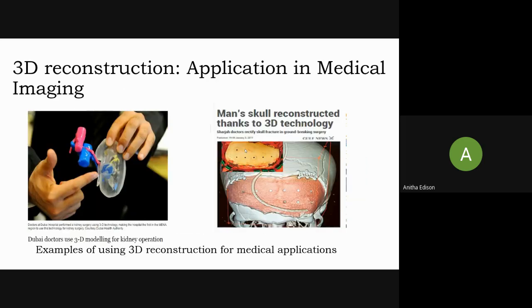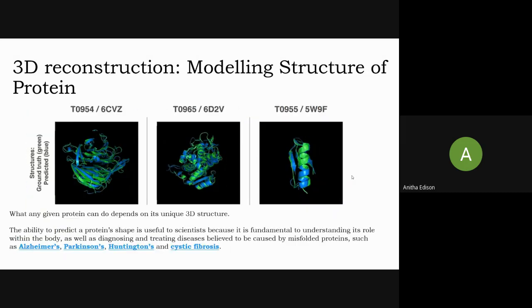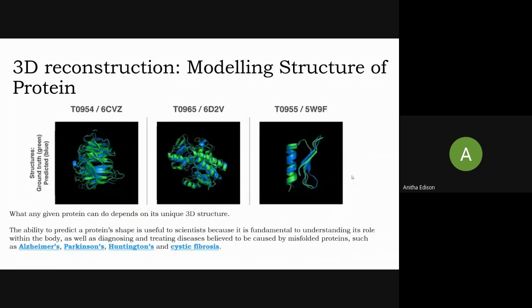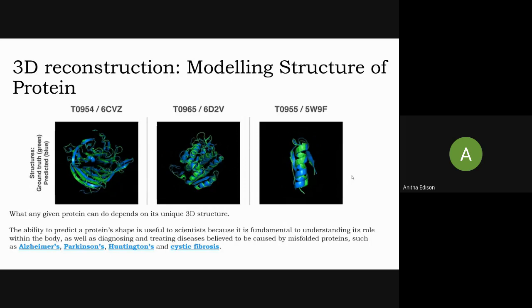These are also used in medical imaging. As I said earlier, all these algorithms are adopted into medical imaging also. Here are examples of using 3D reconstruction. Doctors have used a 3D model for kidney operation, and 3D technology was used to reconstruct a man's skull. 3D reconstruction is also used to model the structure of proteins to study the structures in detail.